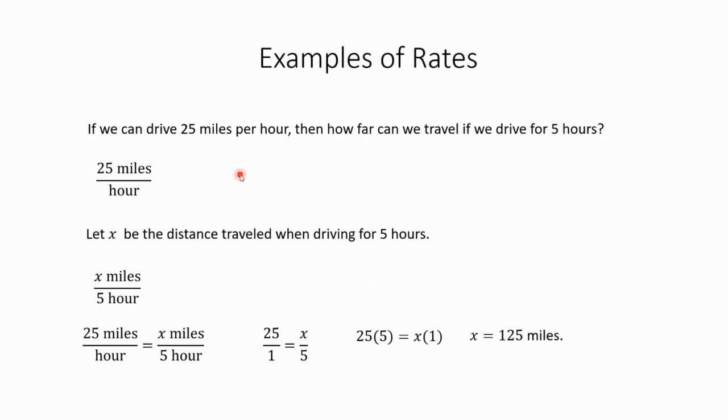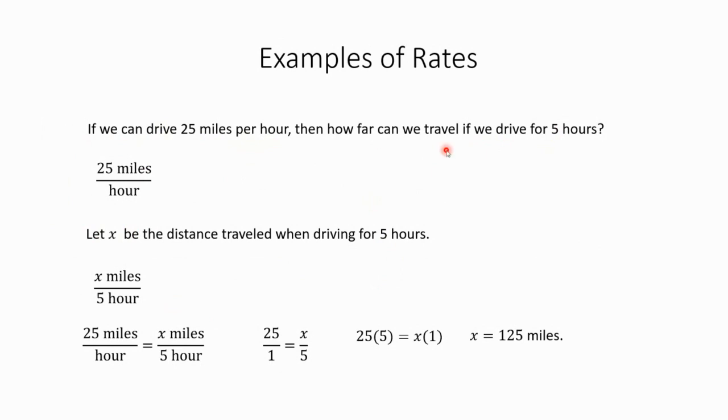Now, how can we solve this? Well, notice we do have a rate that's actually given to us, right? 25 miles per hour. Miles per hour. See? Miles per hour. Okay.